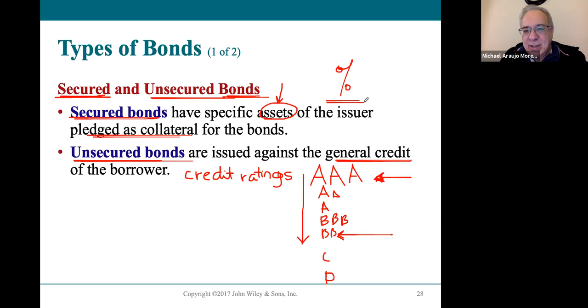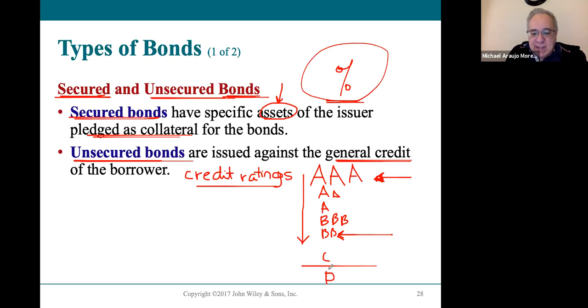So lenders want to be compensated for the risk that they're taking. They'll happily lend you the money, but they're going to demand a higher price for that money, a higher interest rate. And that's basically what happens in the bond market as well. Credit ratings determine the price of the money that corporations get, the interest rates they pay.